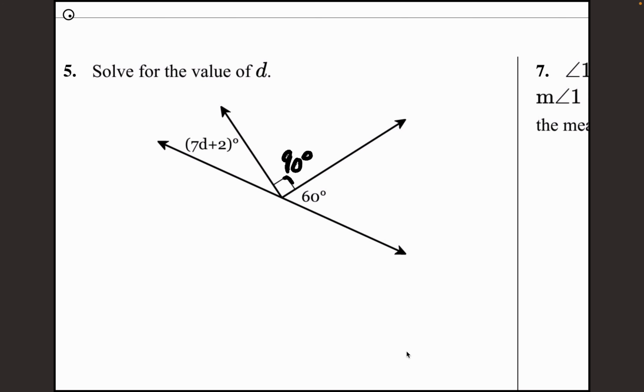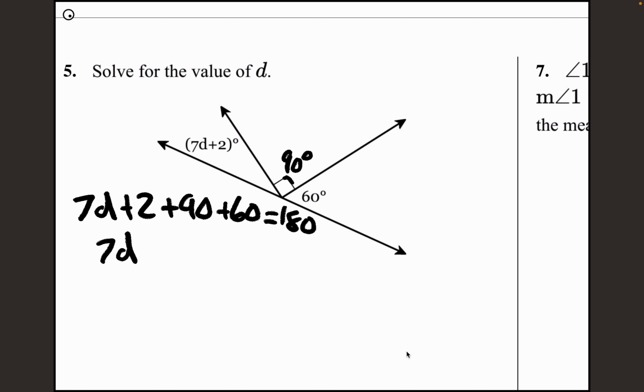So in order to solve, all we have to do is 7d plus 2 plus 90 plus 60 equals 180. We combine all our numbers together. We have 7d, then we do 2 plus 90 plus 60. That's going to be 152 equals 180.